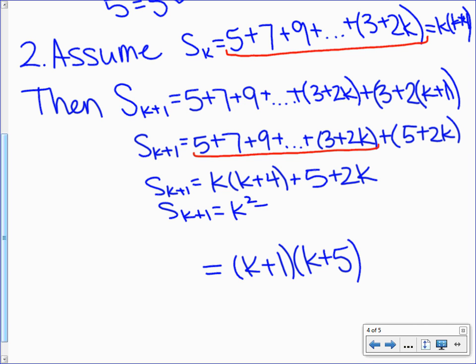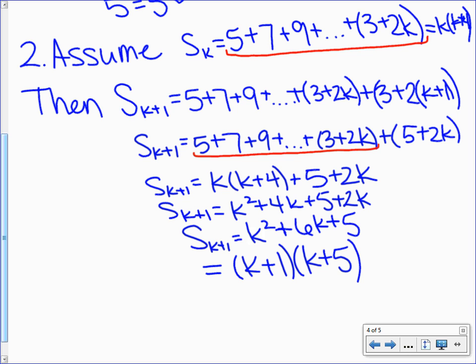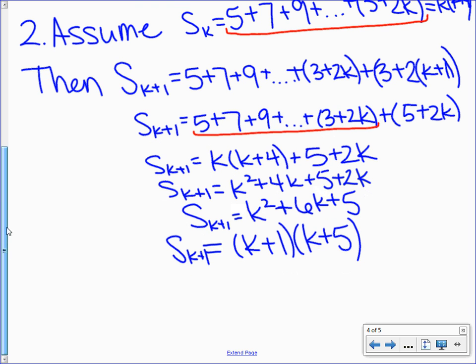So k squared plus 4k plus 5 plus 2k, which, combining like terms, is k squared plus 6k plus 5. Now, does that factor to k plus 1 times k plus 5? It sure does. I will not give you one that is not true.